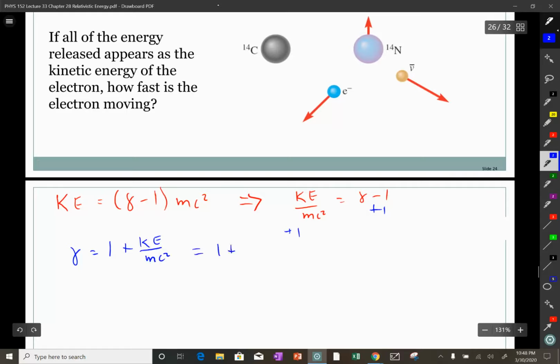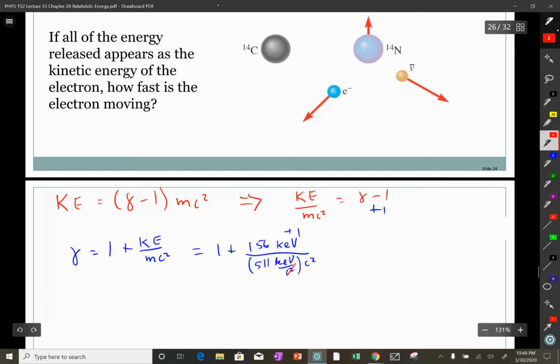So that's 1 plus the kinetic energy, which was 156 kiloelectron volts, and the mass is 511 kiloelectron volts per c squared multiplied by c squared.